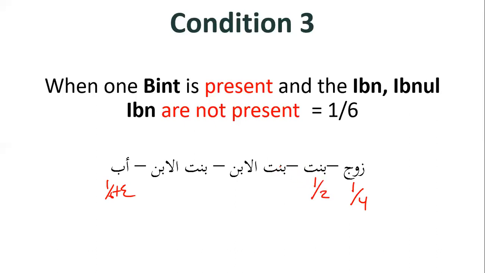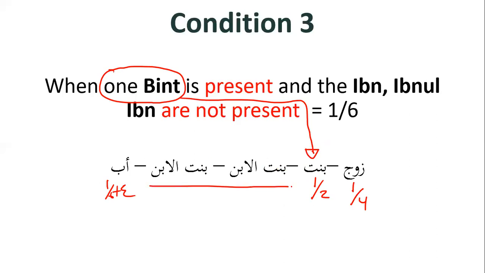And because 1 Bint is present, therefore, the 2 Bintul Ibns together will receive 1/6 of the inheritance.